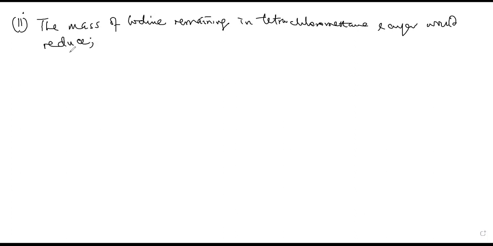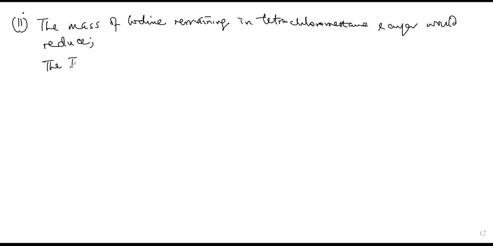The iodide ions in the potassium iodide solution combine with the iodine to form a soluble complex. That is what we should first know. In potassium iodide, there are iodide ions.